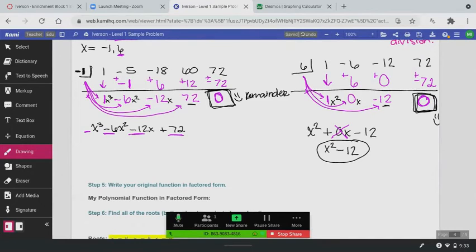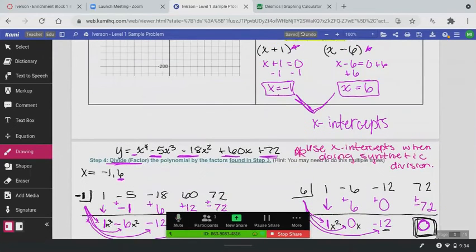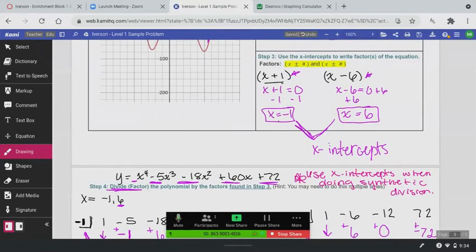All right, we are almost done. So now that I have x squared minus 12 and I've got the two factors from before, I can rewrite them in step 5. So let's go back and look at what my factors are from step 3. I have factors of x plus 1 and x minus 6.